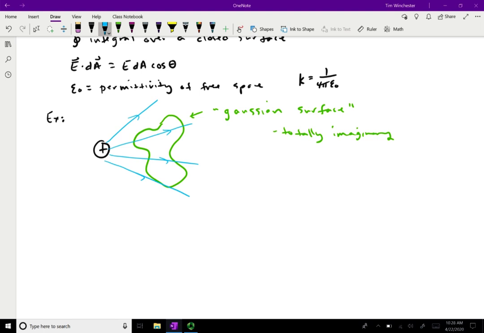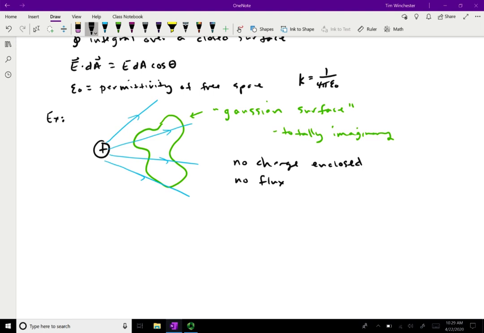Okay, so essentially, for the Gaussian surface that I drew, there is no charge enclosed, because the surface only has the charge outside. Okay, so that's the only one that there is in this problem. And that means that there is no flux through the surface. Okay, so the total flux through the surface is 0.